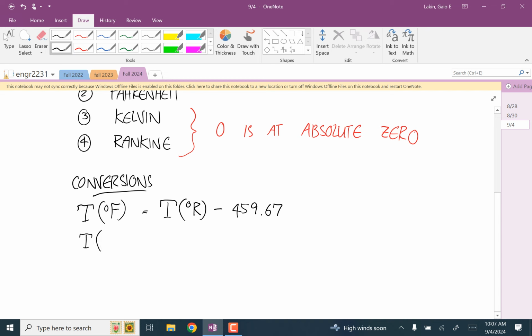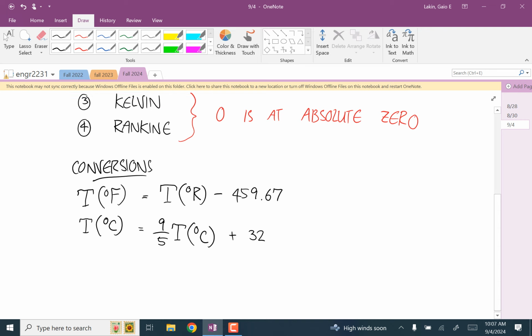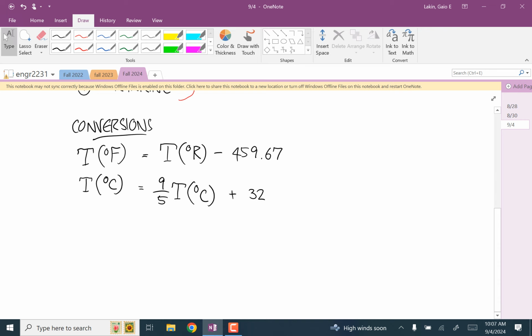The Fahrenheit temperature compared to Celsius is 9/5 times the Celsius temperature plus 32. And then the most common one that we'll have to do is to go from Celsius to Kelvin.